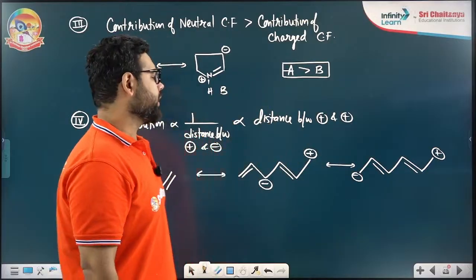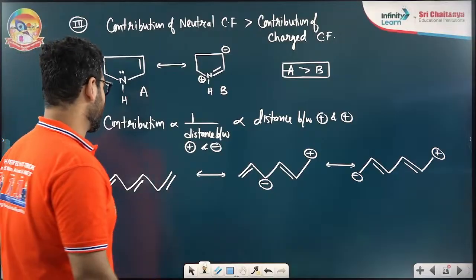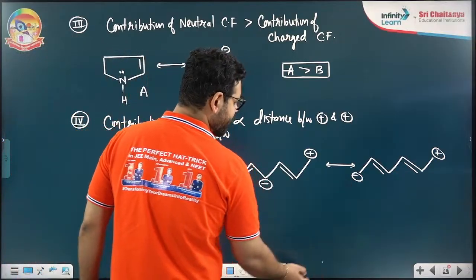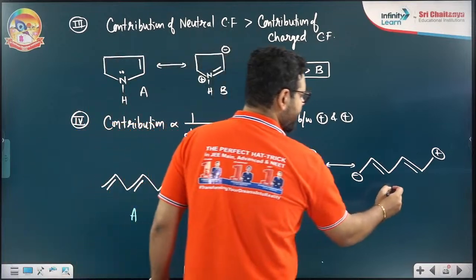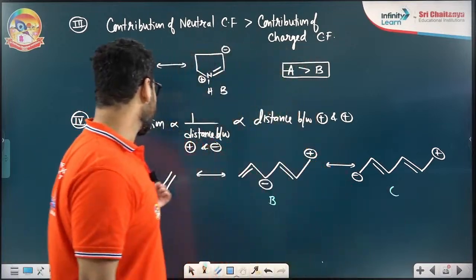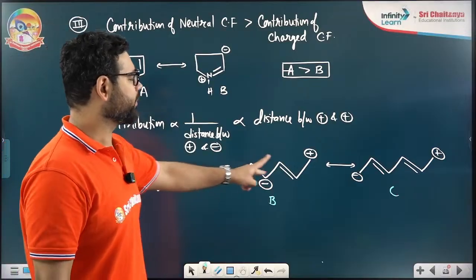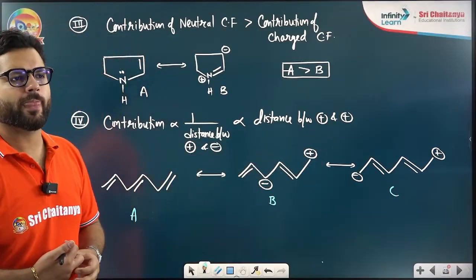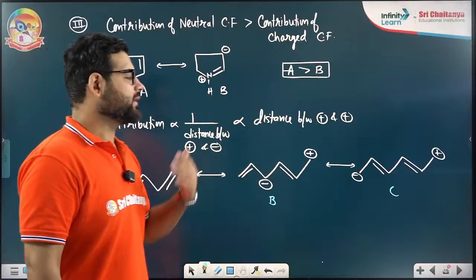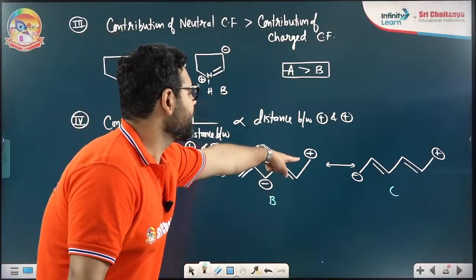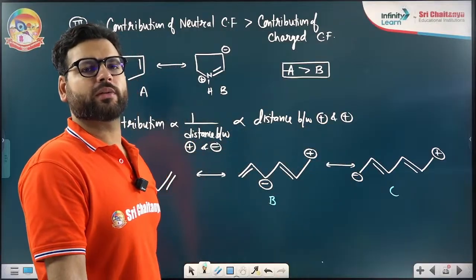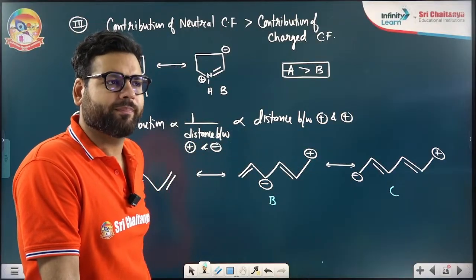Okay. So you can all see here that among these, first thing I'll check the number of bonds. A has more bonds than B. B and C have equal number of bonds. In A, there are 3 pi bonds. In B, there are 2 pi bonds. In C, there are 2 pi bonds. So between B and C, pi bonds are equal. I'll check for the octet. Here also one incomplete octet. There also one incomplete octet is there. So octets are also same.